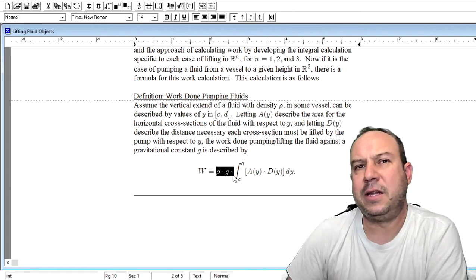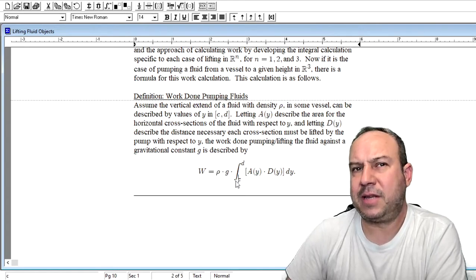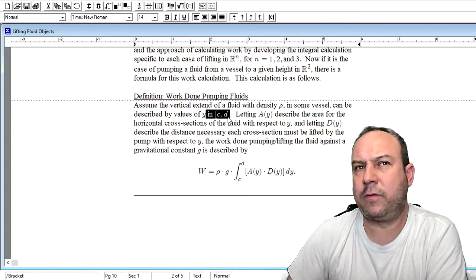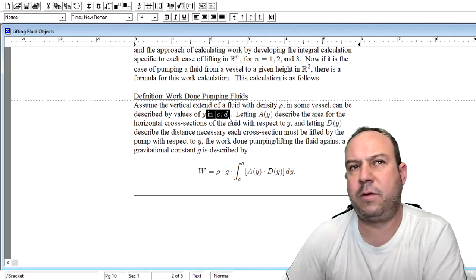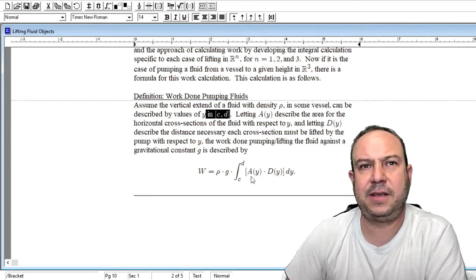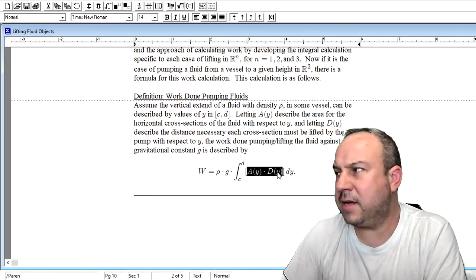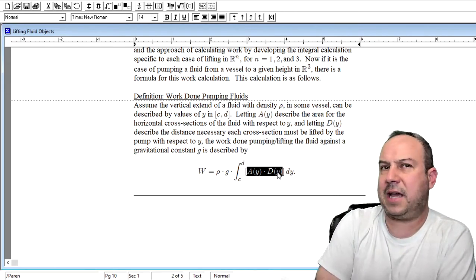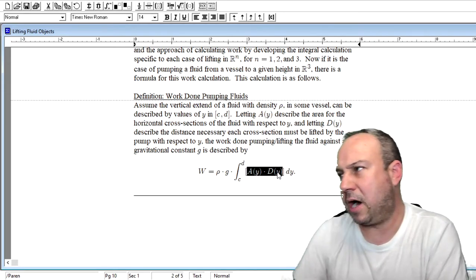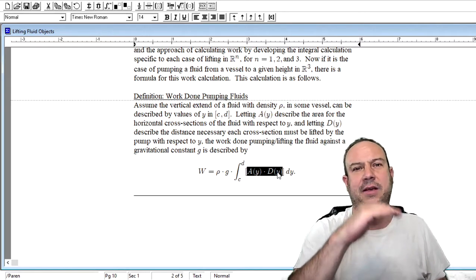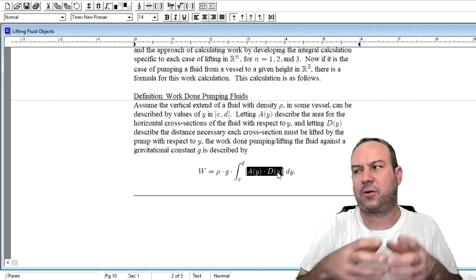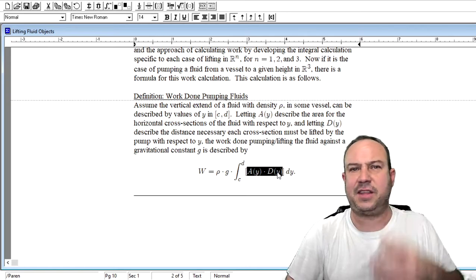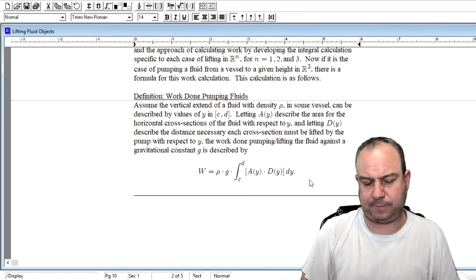It is rho times g times the integral from C to D, that interval over which the vertical extent of the fluid exists, with an integrand given by simply our area A of y times D of y. A of y describes the area of our cross sections, D of y describes the distance that each of them must be lifted.